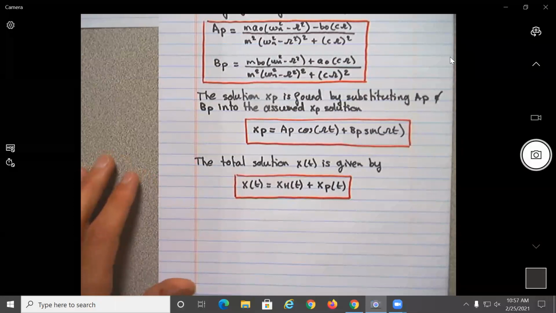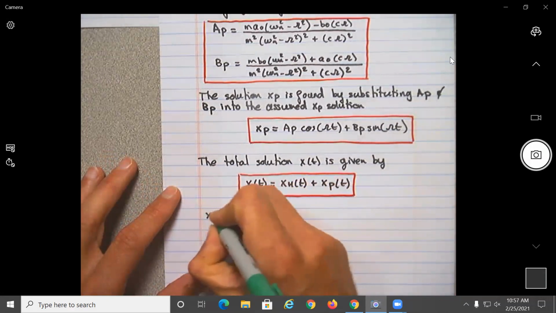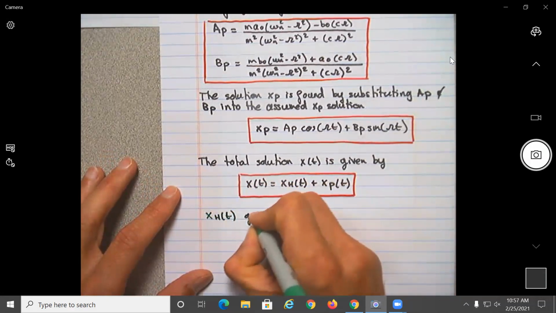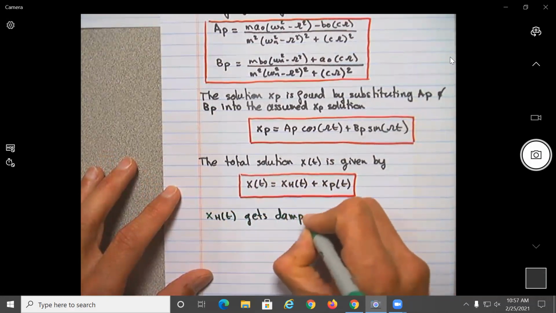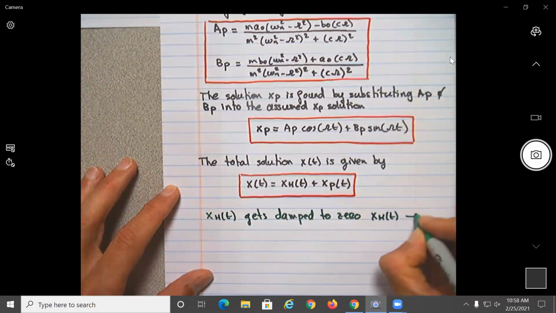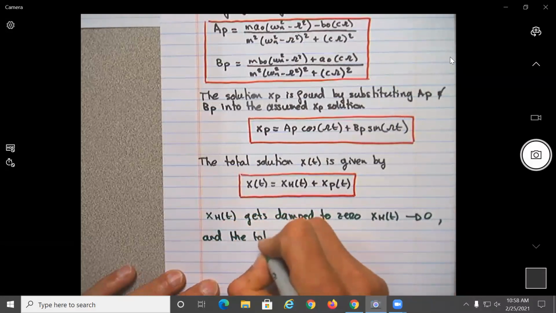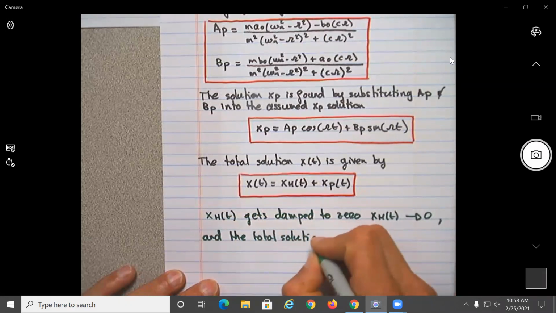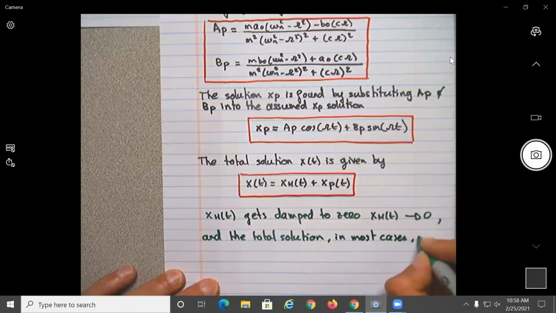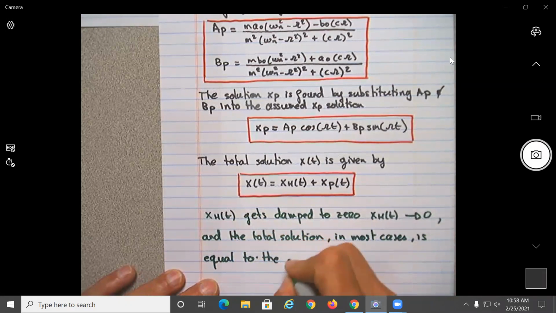All right, so to finish, we're just going to say that x of h of t gets damped to 0, so x of h of t, let's say, will go to 0, and the total solution, in most cases, is equal to the particular solution.